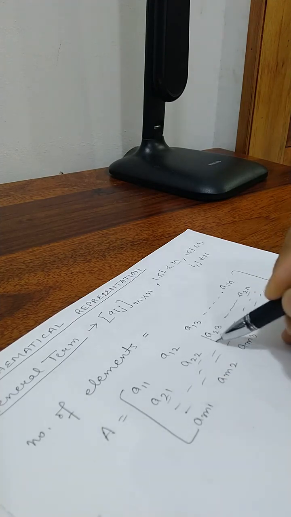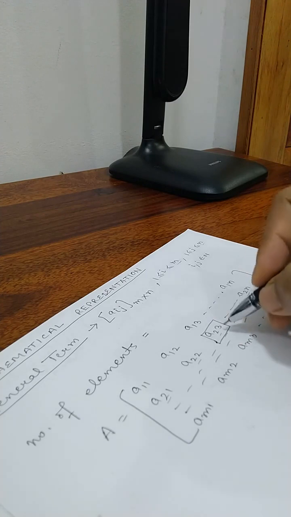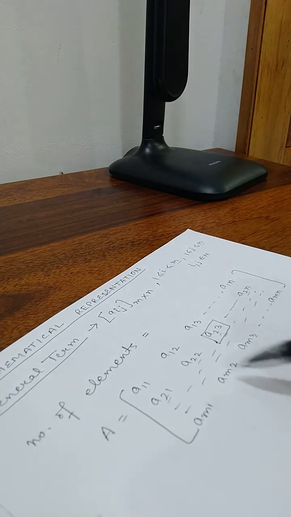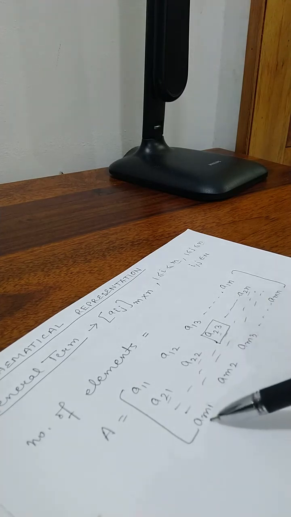So for all the elements, if I say a23, the location of this element is second row and third column. So this element is located in the second row and third column. And so on up to the m-th row, first column.